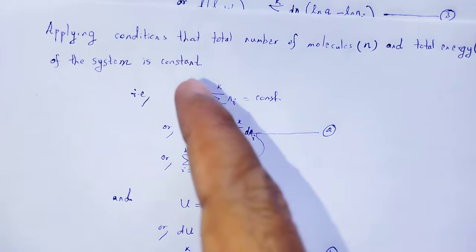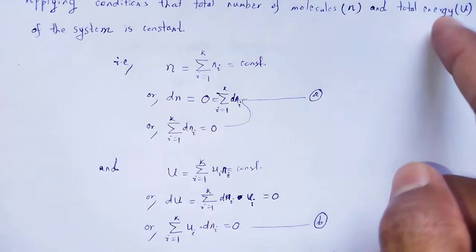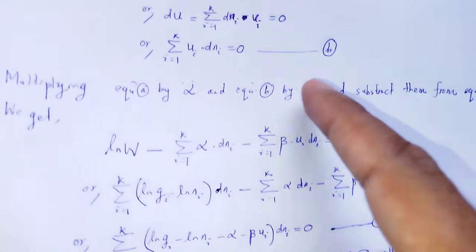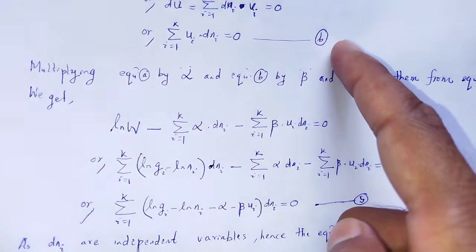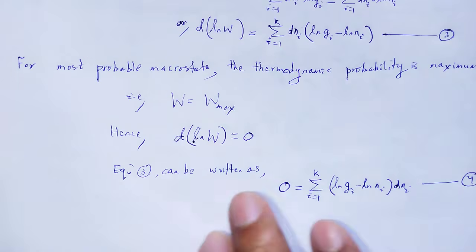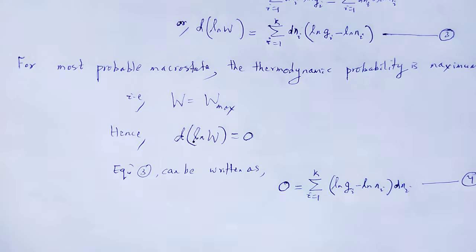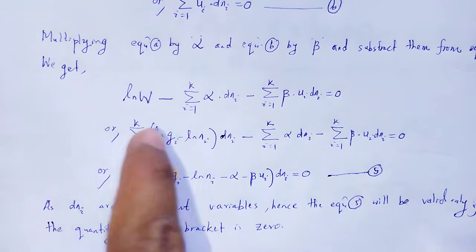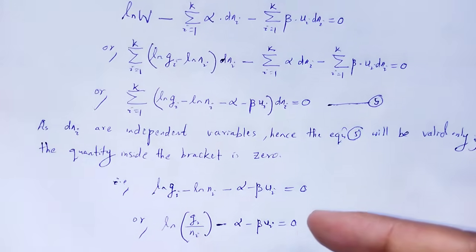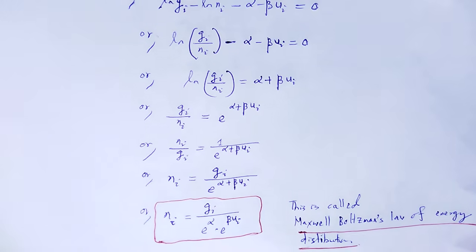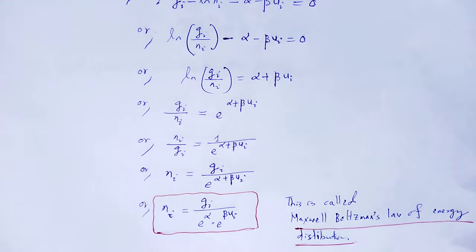Applying the same condition for total number of molecules and total energy, multiplying alpha with equation A, beta with equation B, where alpha and beta are constants, and then subtracting from equation number 3, as the differentiation results 0. Under simplification, we obtain Ni, which is called the Maxwell-Boltzmann law of energy distribution.